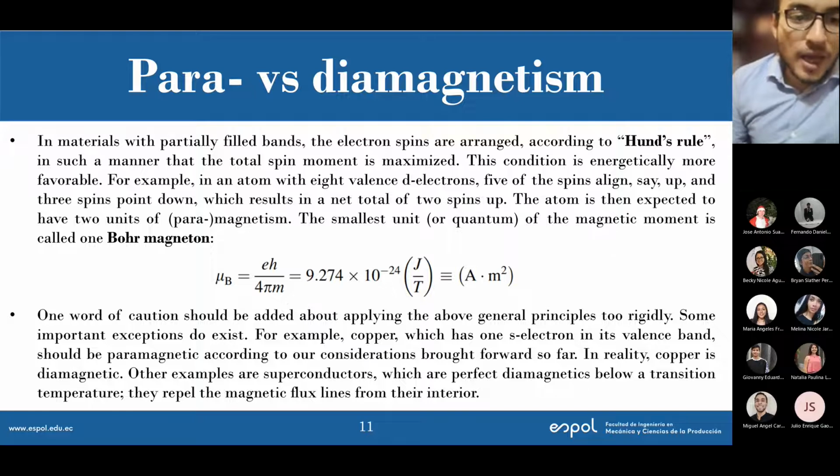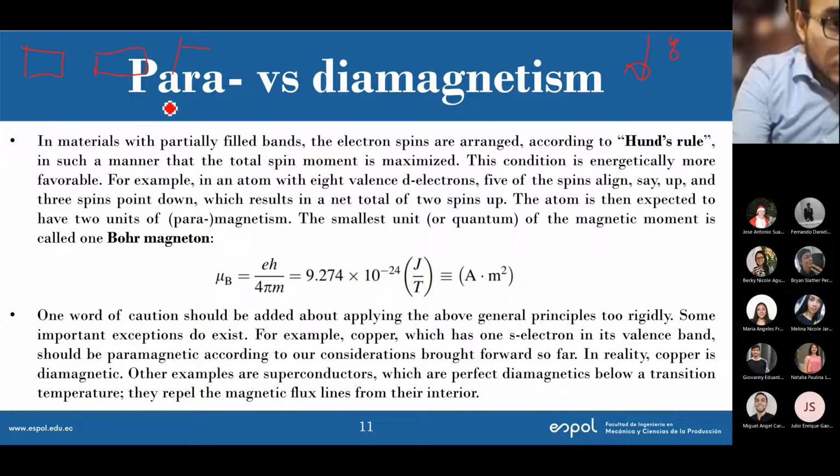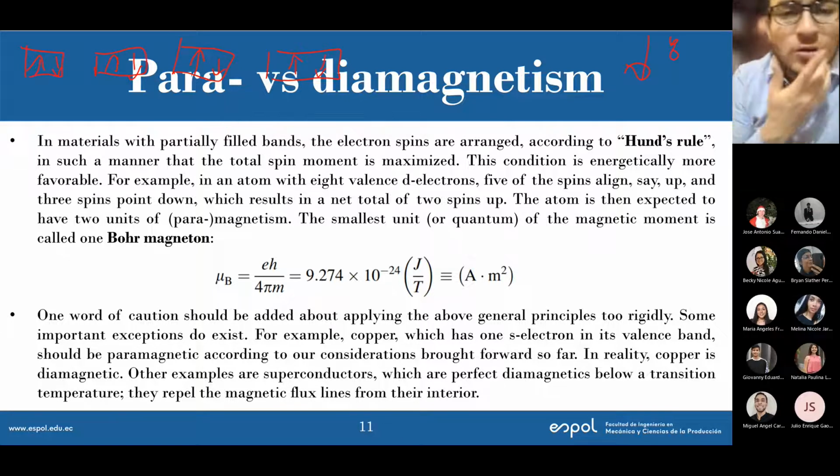For example, an atom with valence d electrons, let's say a material that in its electronic configuration has d8. Because of Hund's rule, it's not like you will have this. You will not have this. So that will be 4, 6, and 8, right? You have those 8 electrons.